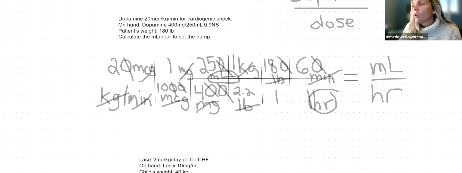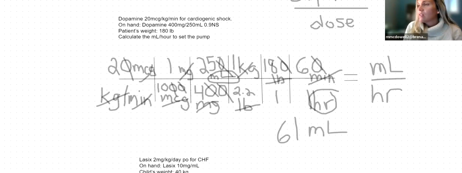Okay. So either way, you should end up with, looks like 61 milliliters per hour. I'm going to verify that. So if we did it the long way, not eliminating the zeros, you're going to get 54 million. That's a lot. Divided by 880,000.